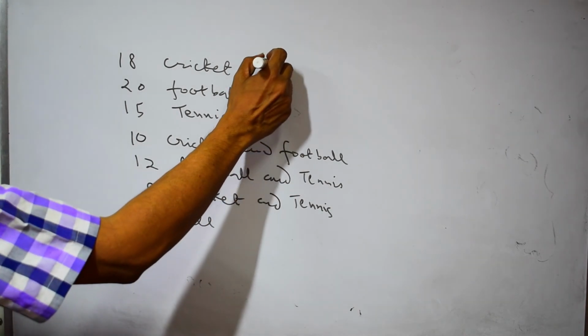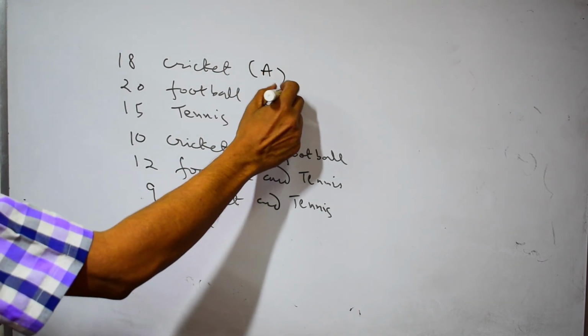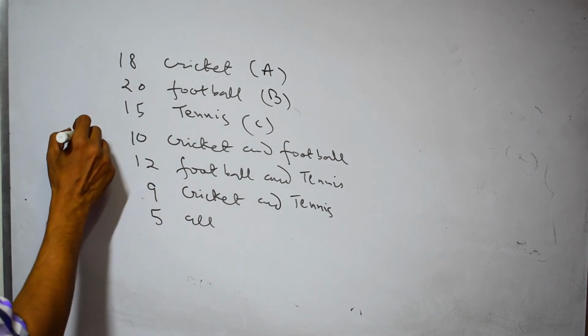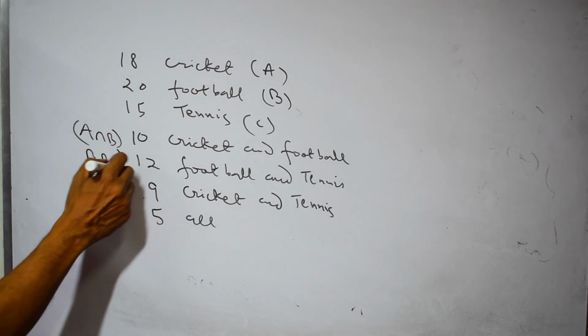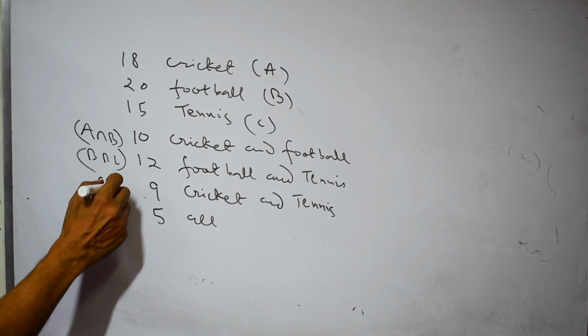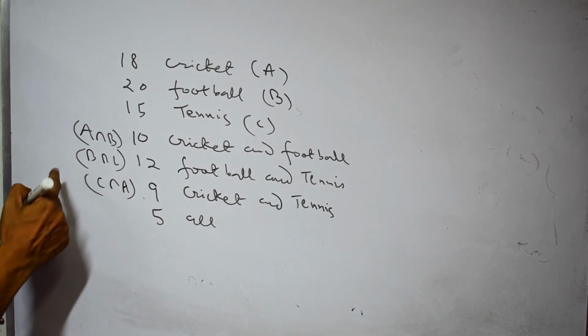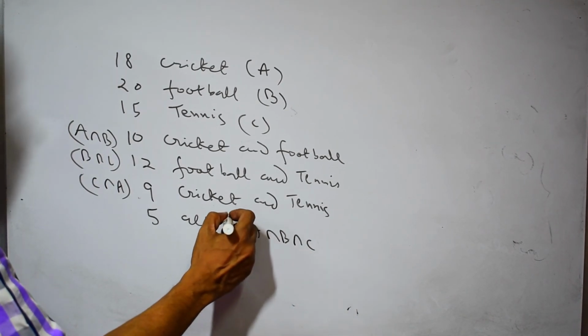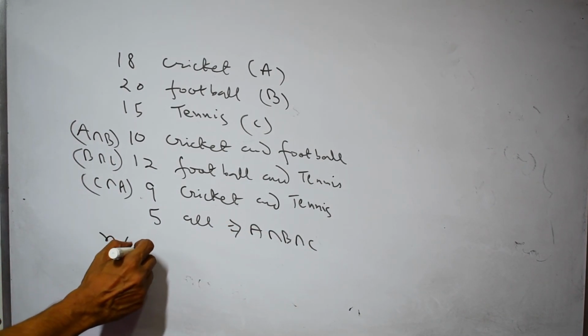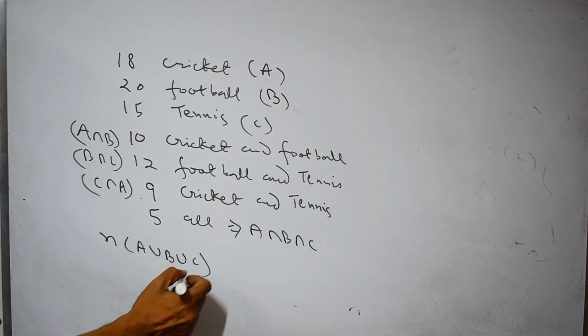If you see this one, this is A, this is B, and this is C, and this is A intersection B, because both cricket and football. This is B intersection C, that is football and tennis, and this is C intersection A, that is cricket and tennis, and this is A intersection B intersection C. So when you are having the total A union B union C, how many are present?